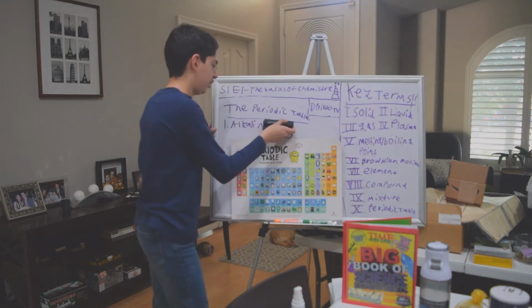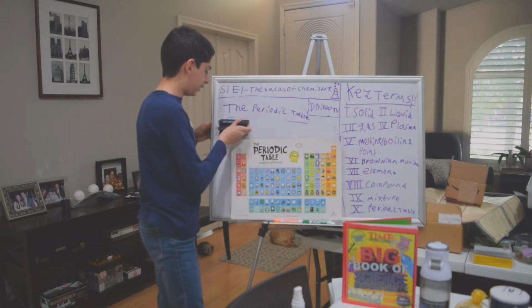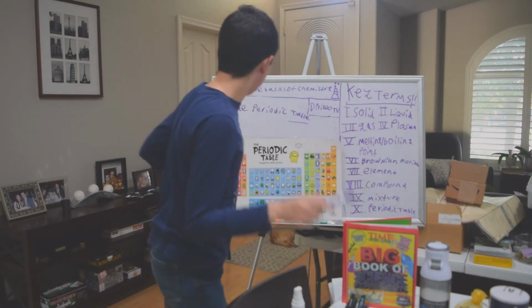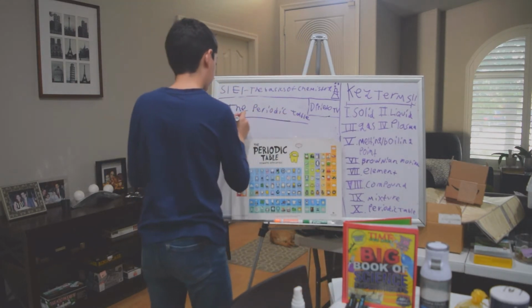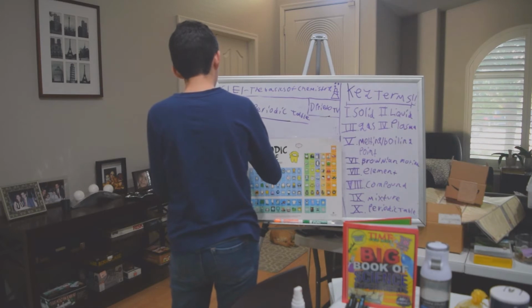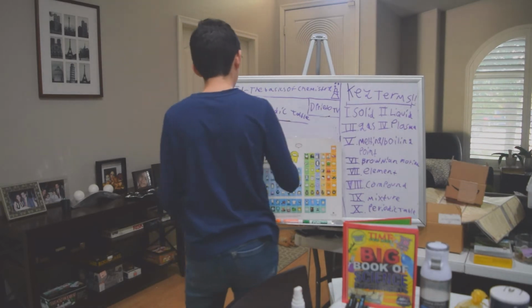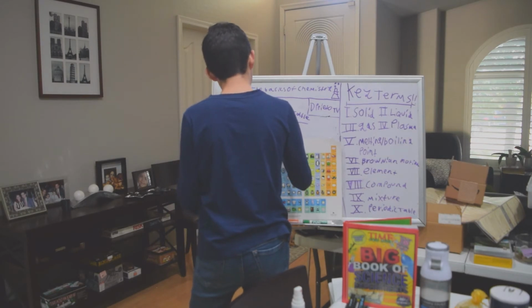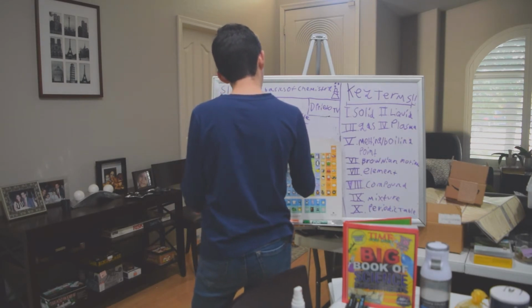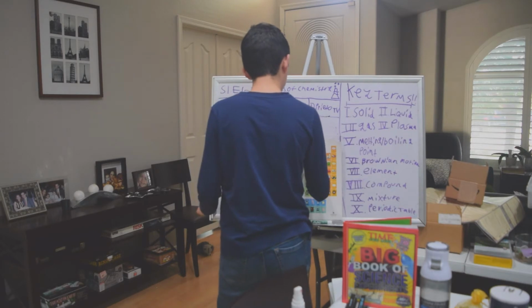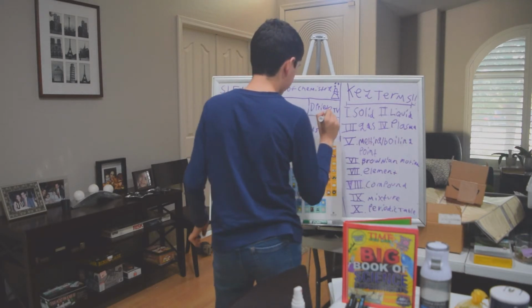Okay. So let's move on to the next category, which is alkaline earth metals.